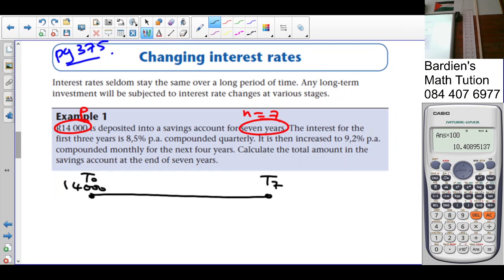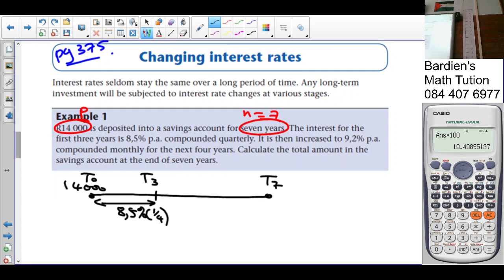The interest for the first 3 years is 8.5%, so that takes me to T3. It's 8.5% per annum compounded quarterly. If it was compounded monthly, I would have put it over 12.